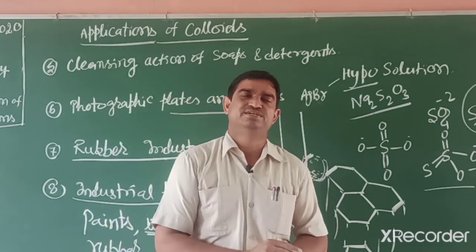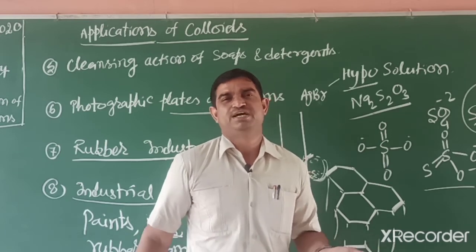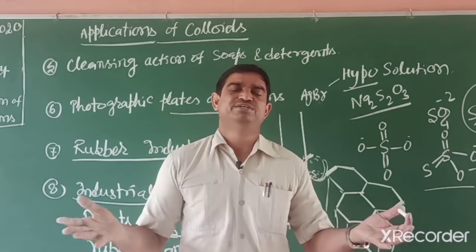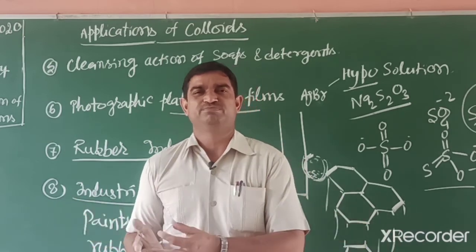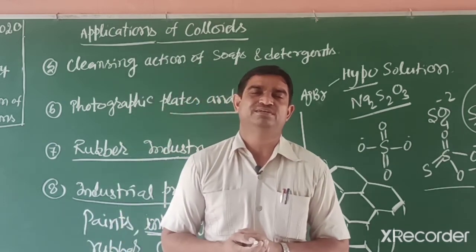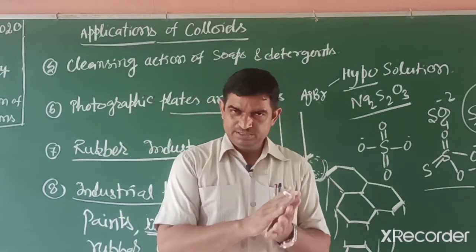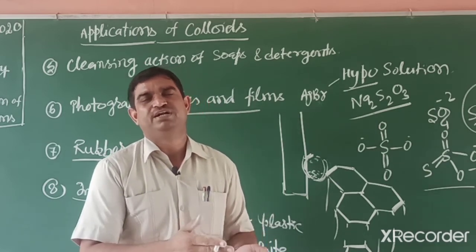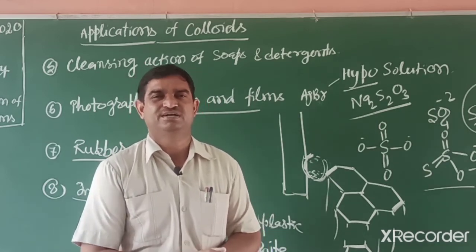Earlier we studied emulsions. Emulsion is again of two types, liquid dispersions, where the dispersed phase and dispersing medium are both liquid: water in oil and oil in water. Milk and butter are different examples.